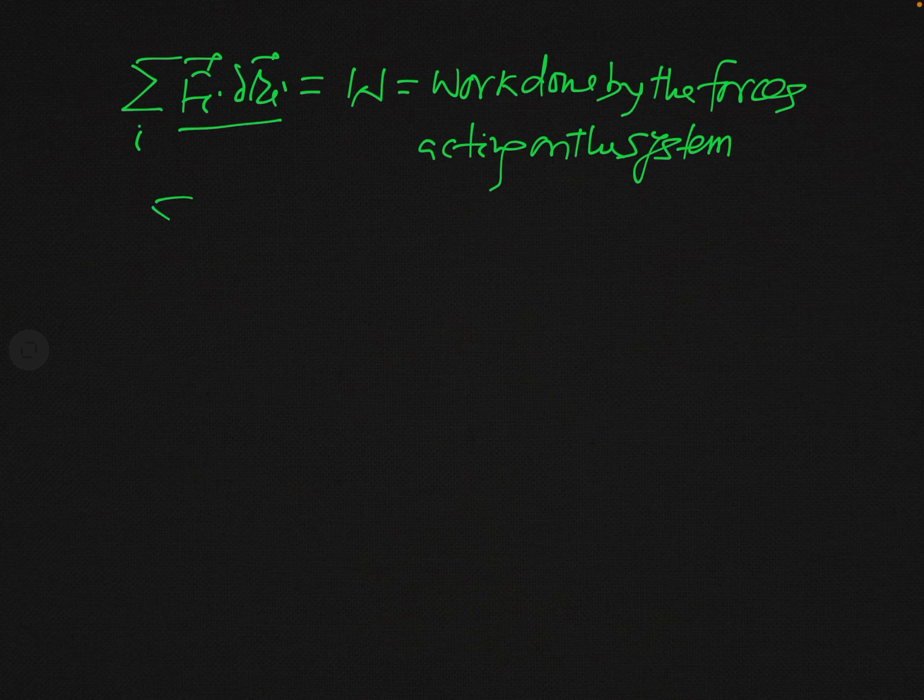And what is this summation over i half mi ri dot square? You know, ri dot means velocity vi of the ith particle. So half mi ri dot square represents the kinetic energy of the ith particle, and when you sum it up, you get the kinetic energy of the system.